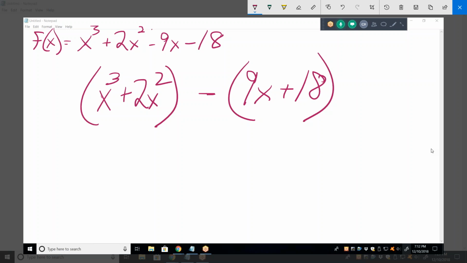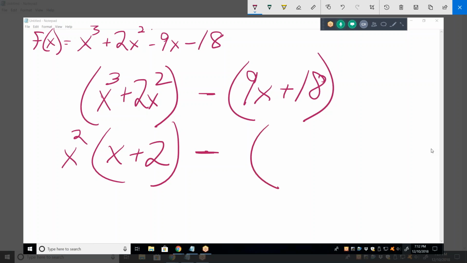So I can't pull a number out. Can I pull a variable out? Yeah. X squared. What's left over? X plus 2. Good. What can I pull out of this one? 9. What's left over? X plus 2.